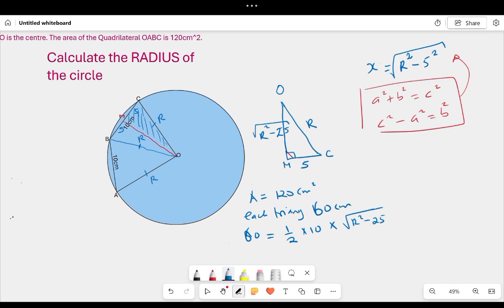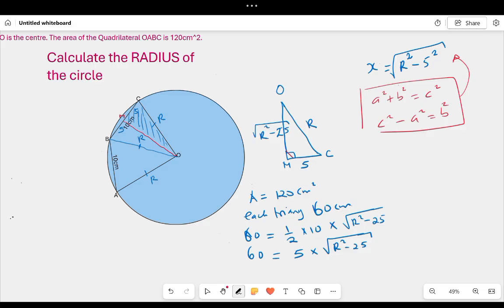Now next, a half times 10, so 60 will be equal to 5 times the square root of r squared minus 25.